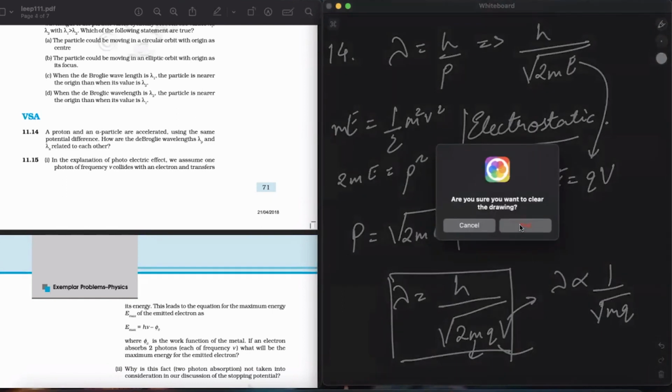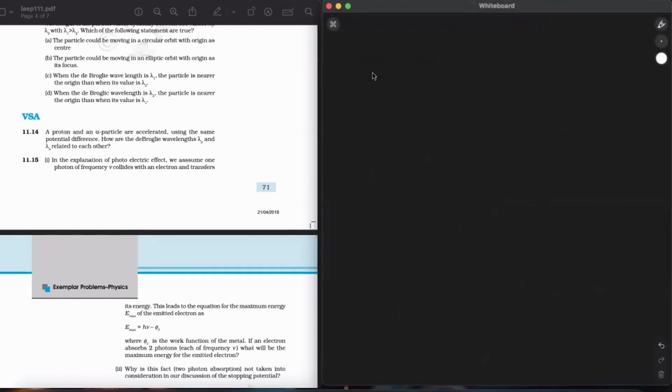Now I write lambda p upon lambda alpha, which will be equal to whole under root of mass alpha times charge alpha divided by mass proton times charge of proton.